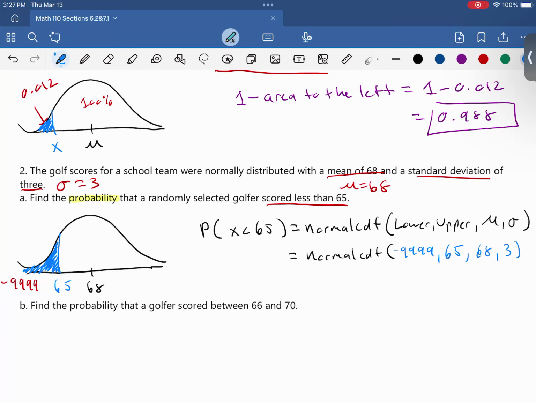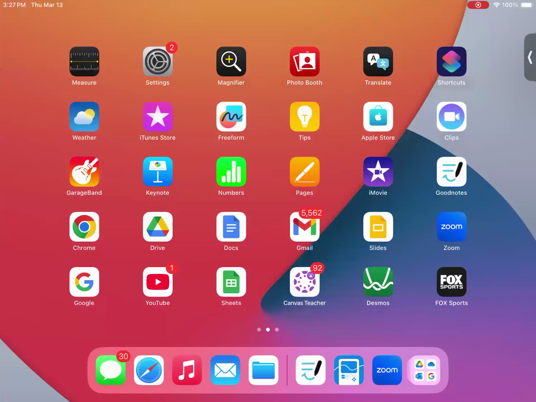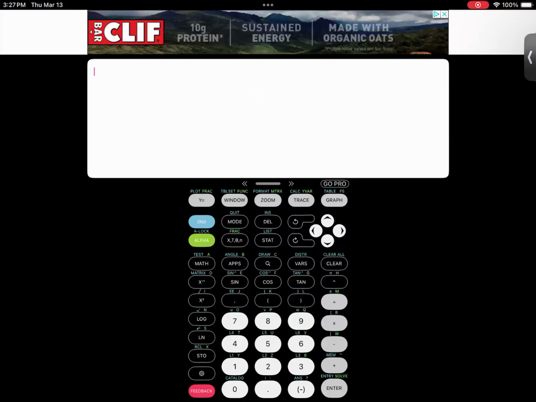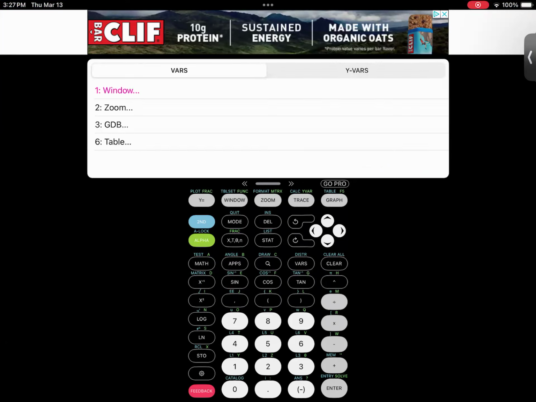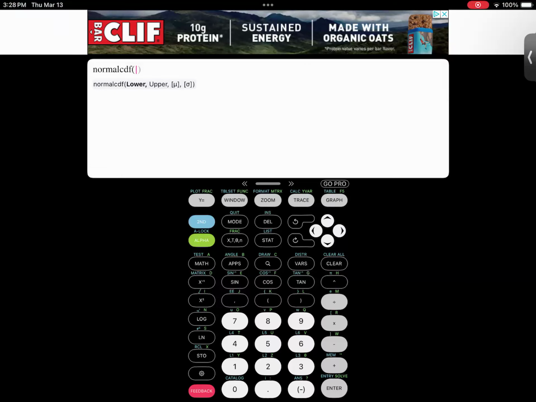So now we're going to put all this in our calculator. Let me jump to our calculator. So here is calculate 84. We're going to go to second distribution, normal CDF, and we're going to input exactly what we have written on our paper.